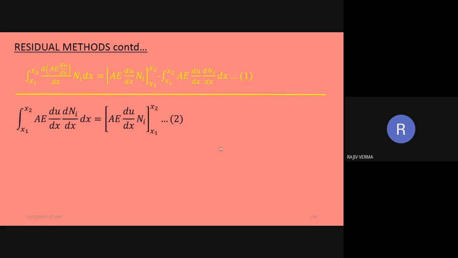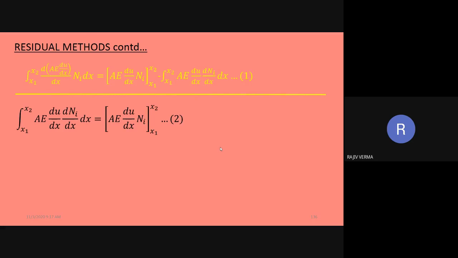And the second advantage is that there now exists a term on the right, which in fact is a boundary term. The term AE du by dx into Ni. This is a term which has to be evaluated at the boundaries, that is at node x2 and at x1, and then they are supposed to be subtracted with respect to each other.